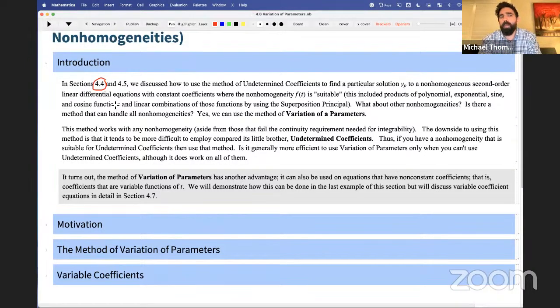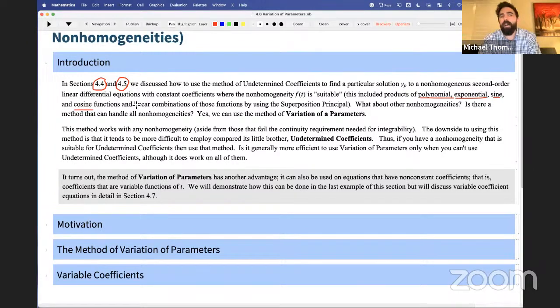In 4.5, we continued to discuss undetermined coefficients, but coupled it with the superposition principle, which allowed us to work with more non-homogeneities. In 4.4, we worked with non-homogeneities that were polynomials times exponentials times sine or cosine functions.